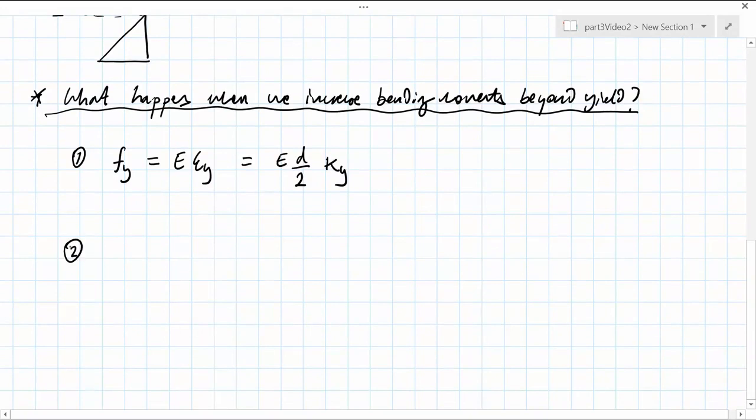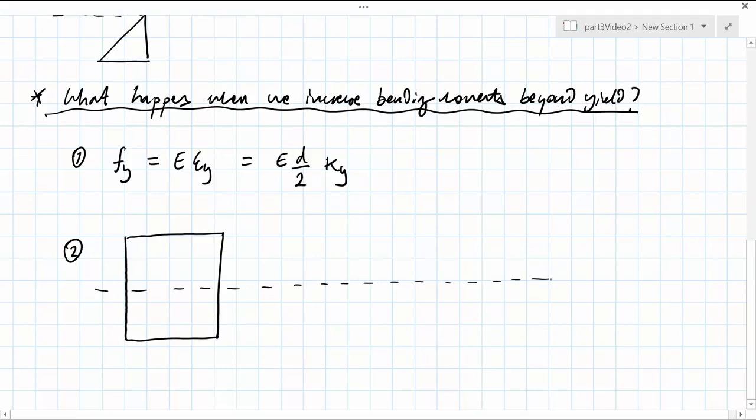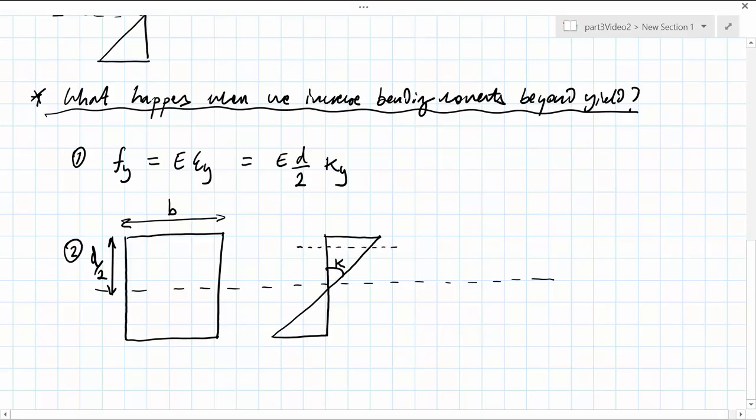Then, drawing a rectangular cross-section, whose half depth is given by d over 2, and whose width is given by b, we first construct the strain distribution with the gradient or curvature kappa, and we put in the limiting elastic strain as indicated by this pair of dotted lines.